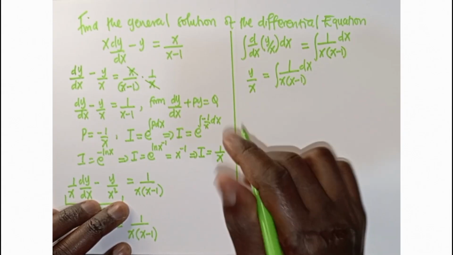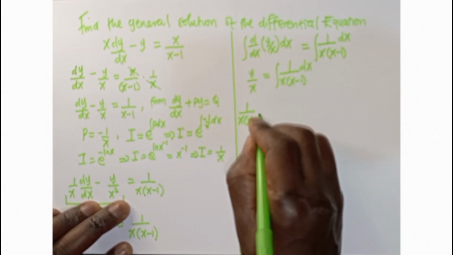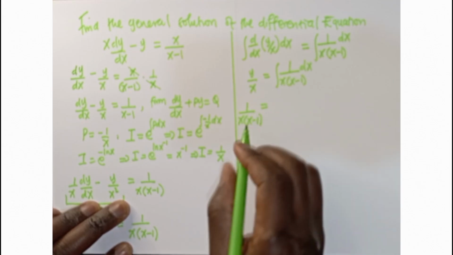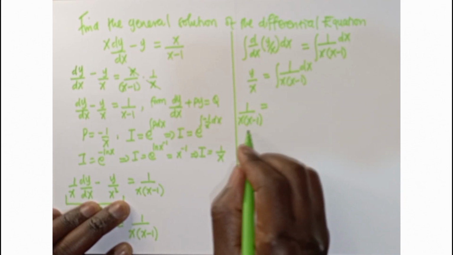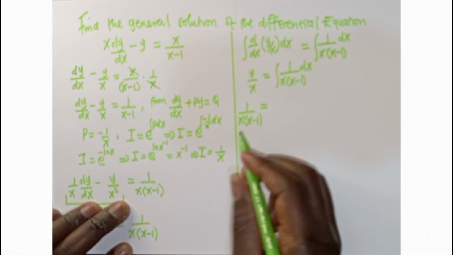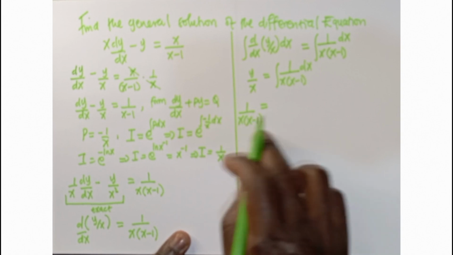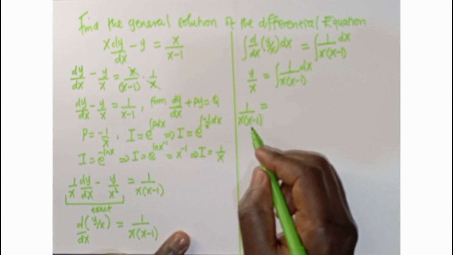So 1 out of x into x minus 1 has a denominator with linear factors. If you haven't seen my video about partial fractions, I'm going to link it here, and then you can also see it.